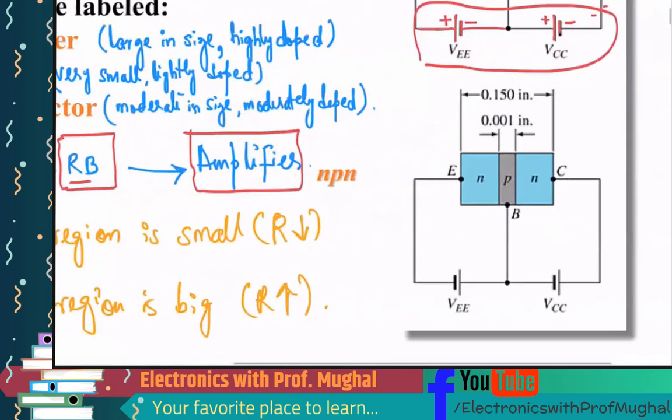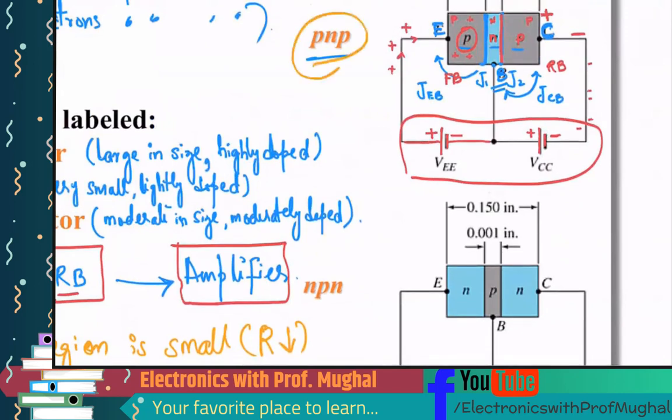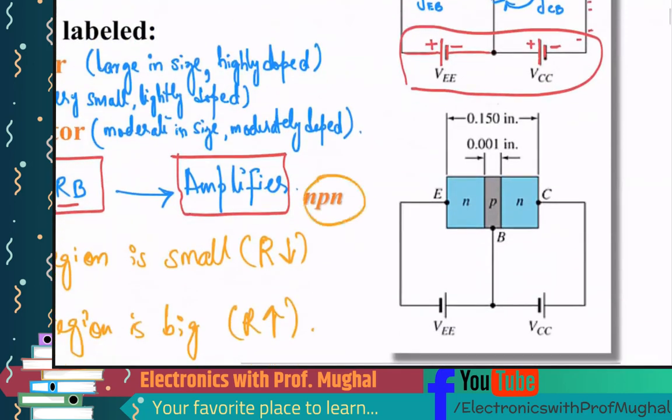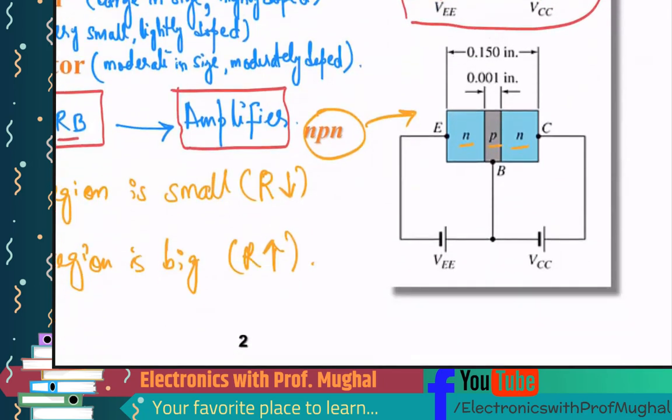Okay, and then similarly over here, this was the PNP transistor. If you have an NPN transistor over here, you basically have N, P and N sandwiched together. And again, remember this junction right here, which is J1, needs to be forward bias, right? Forward bias. So the polarity over here, which is negative, needs to match with the polarity over here, negative, correct?